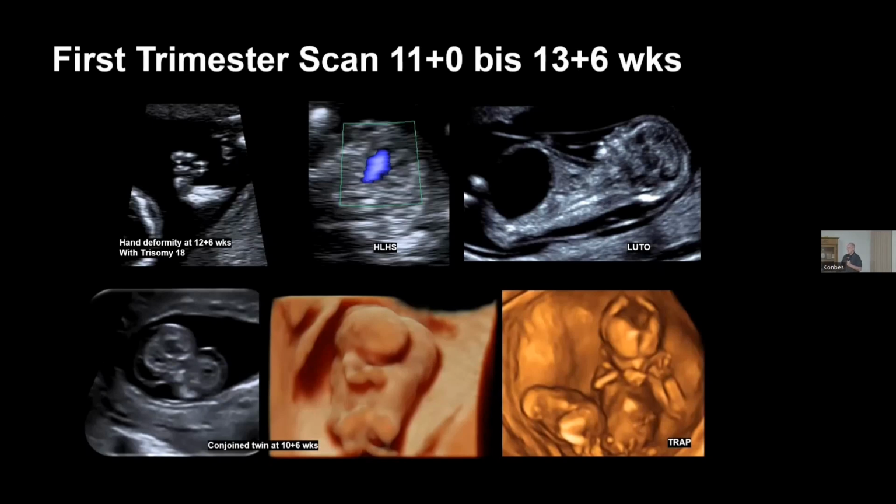It should be a very strict discussion with the parents. This baby has no chance for a life after birth, and this baby has to be sent to a special center for delivery, so the baby also has a good chance. On the other hand, twins, also some problems with conjoined twins.